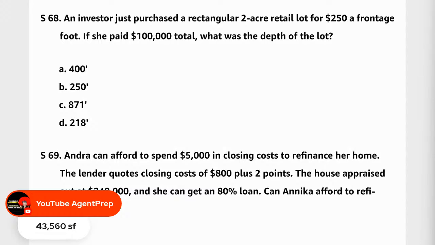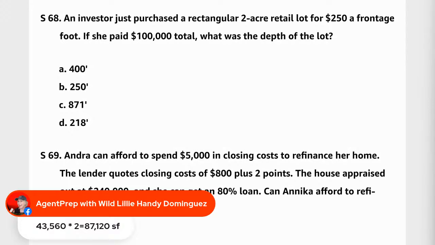That's what 2 acres equal. 87,120 square feet for the 2 acres. So then it says dividing this by 400 produces a lot depth of 217.8.